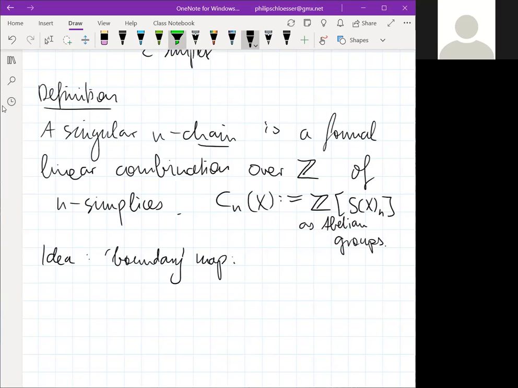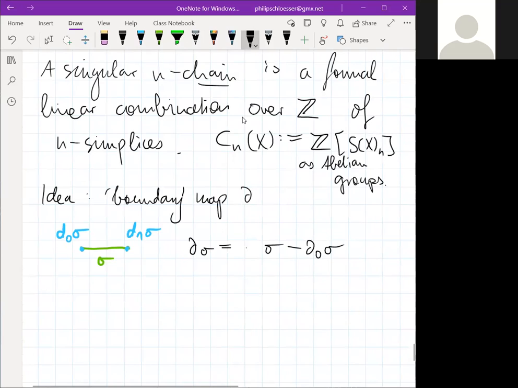For example, if we have a one simplex that is a curve that goes from here to here, with that endpoint and that endpoint being d0 sigma and d1 sigma, and this being sigma, we want our boundary map of sigma to be not d1 sigma plus d0 sigma, but d1 sigma minus d0 sigma.